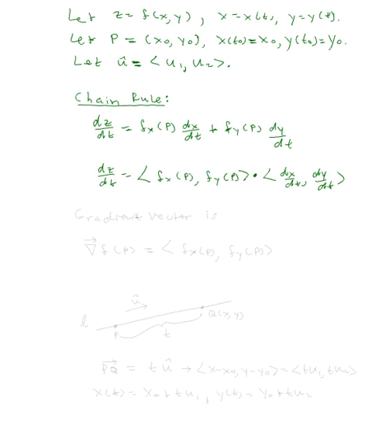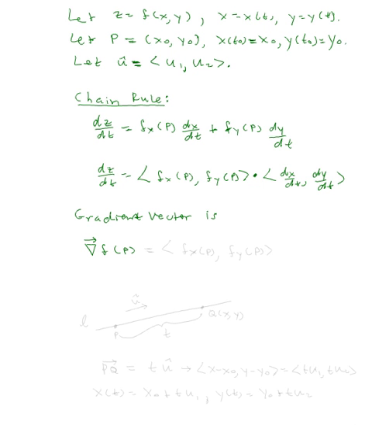Now this vector that has components partial of f with respect to x and partial of f with respect to y is called the gradient vector. And we have some notation for the gradient vector. We have this symbol, that's del.